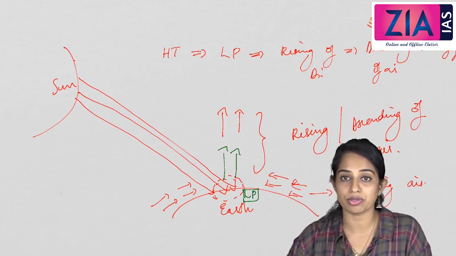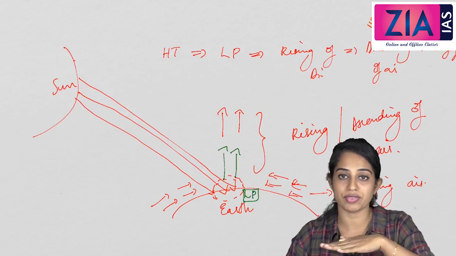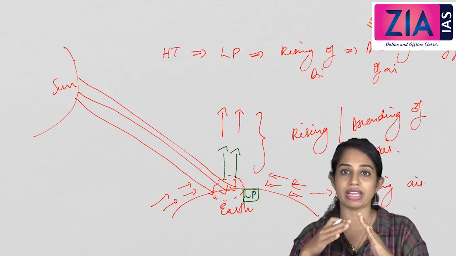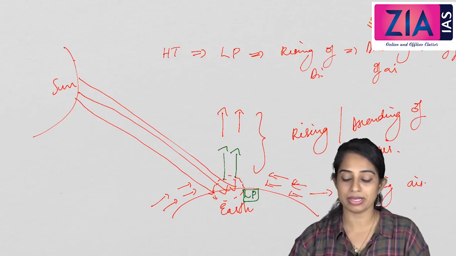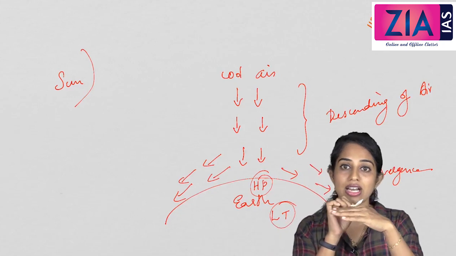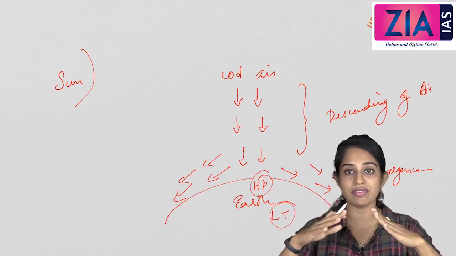What happens in a high pressure area? A high pressure area is marked by cool air or cold climate, where particles would like to descend towards the surface of the earth. So descending, or downward movement of air, happens in a high pressure area, and as soon as it reaches the earth's surface, since it can't go deep inside the earth, it starts moving towards the sides. This is called divergence of air.